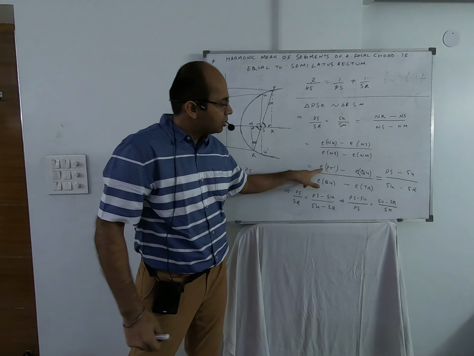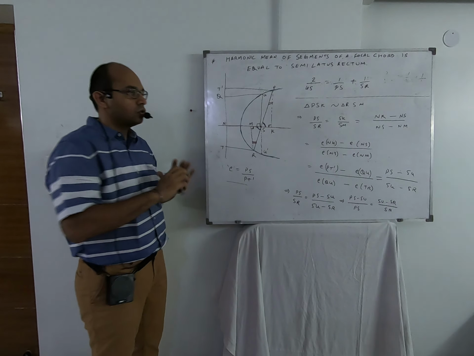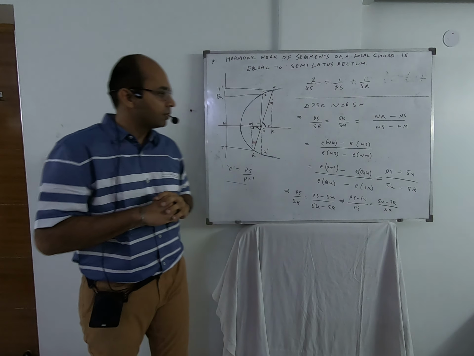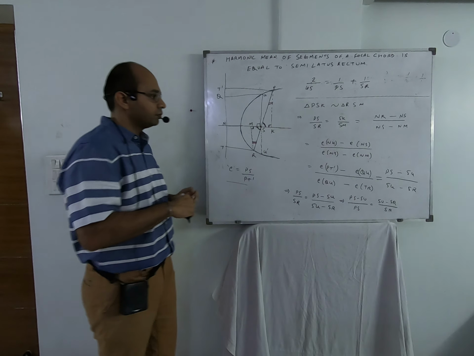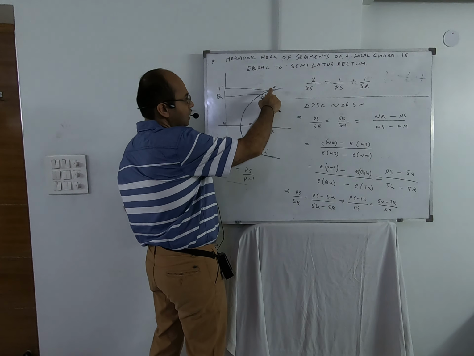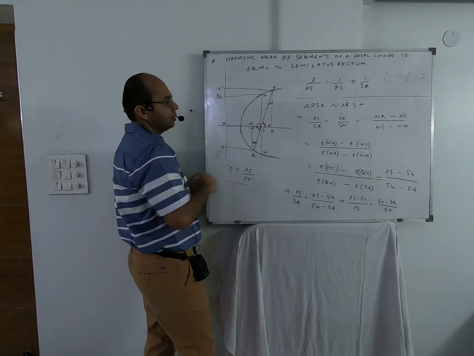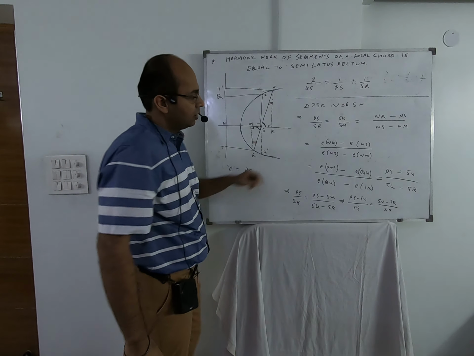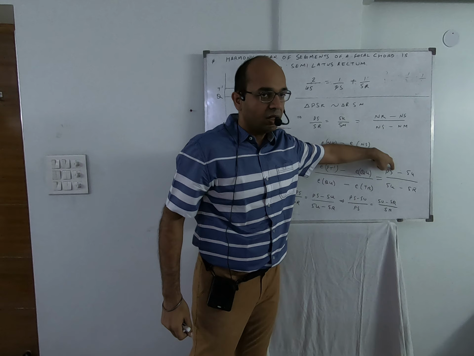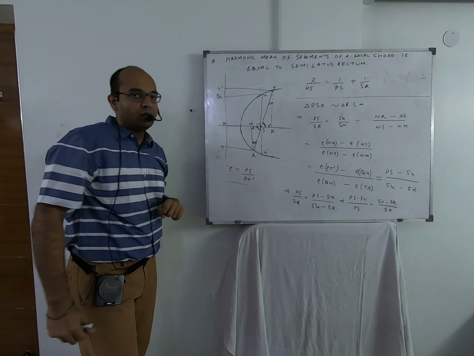Now, since I know this property, and this is true for any point on the conic, I'll use it. I can see E times PT dash can be written as PS. So I write E times PT dash as PS.